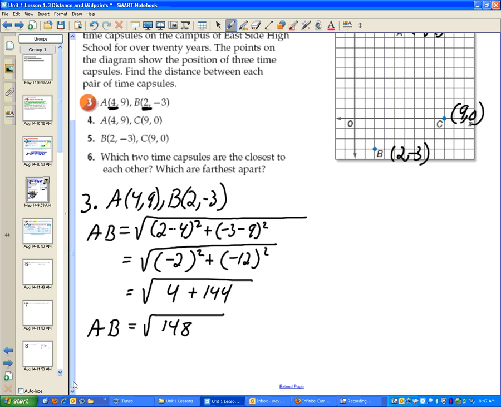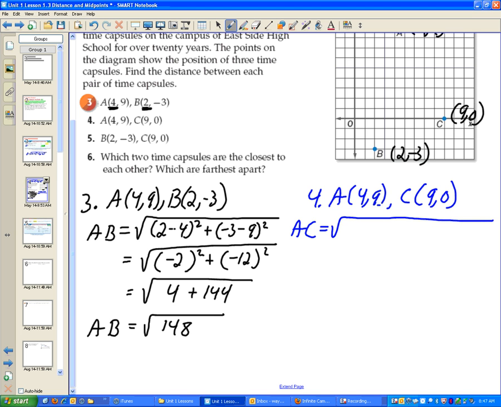Let's do 4. For number 4, A still has coordinates 4, 9. B, nope, it's not B this time. It's C, it has coordinates 9, 0. So we're finding the distance between A and C, or the length of AC.